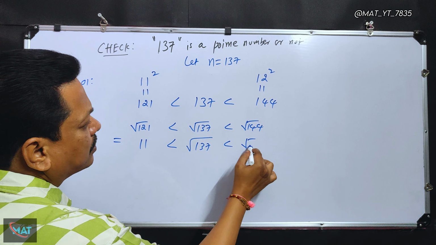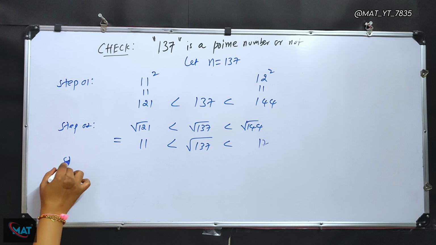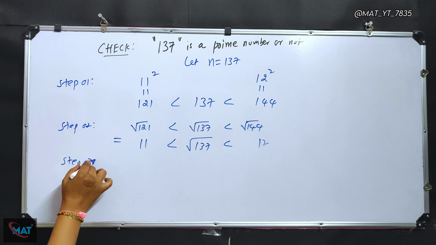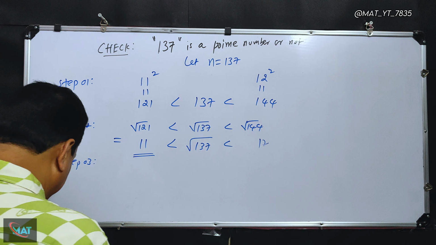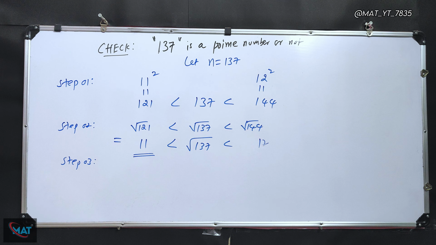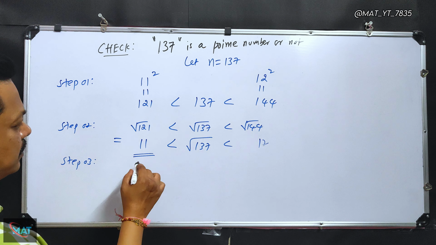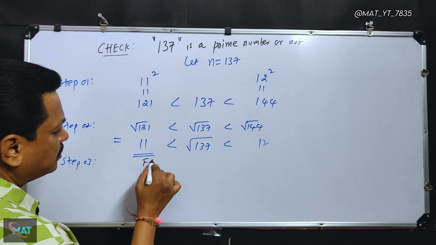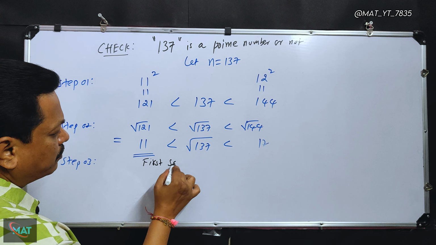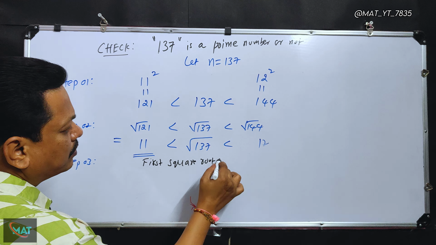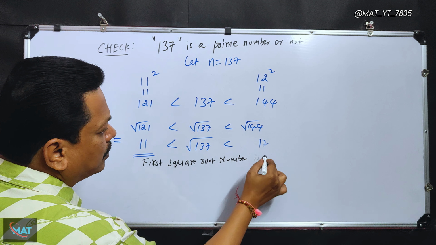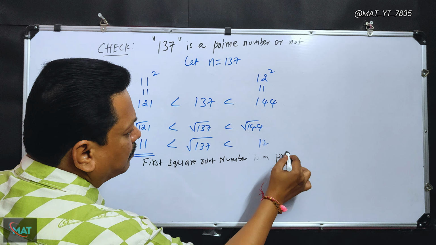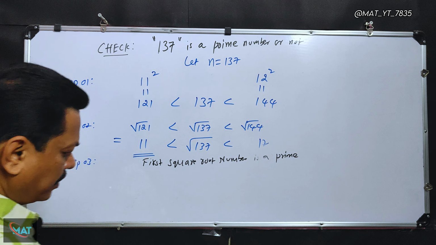Step 3 says, you see 11 is a prime number here. The first square root number, 11, is a prime.